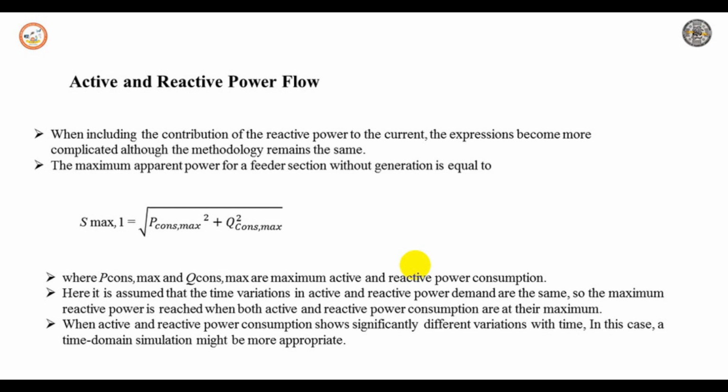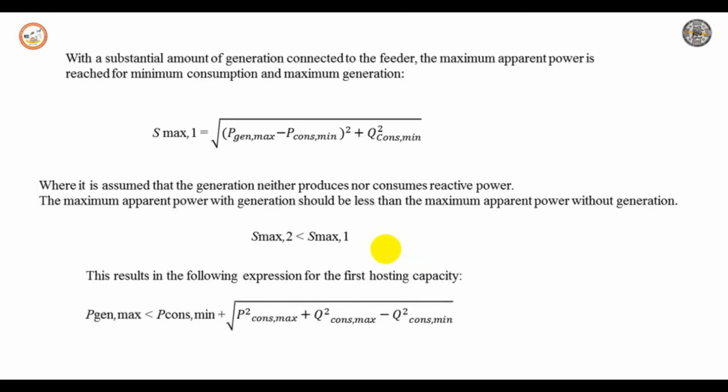Some examples are given here with a sustainable amount of generation that is connected to the feeder. The maximum apparent power is reached for a minimum consumption and also for a maximum generation. So consider an example here, which shows a sustainable amount of generation connected to the feeder.